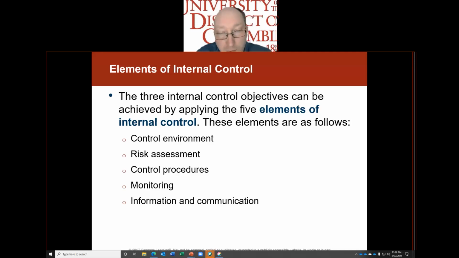And then information and communication. Oftentimes businesses control the way they talk to the media and the way they release information to employees. Everything is very uniform, controlled, and clear. That's information and communication, and there's a lot more behind it, but those are some examples.